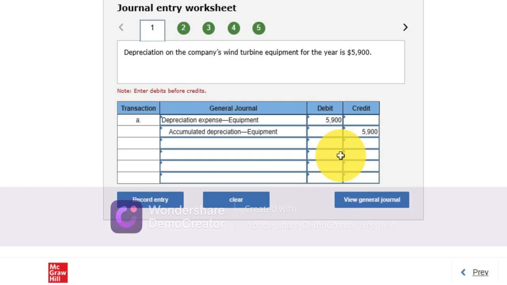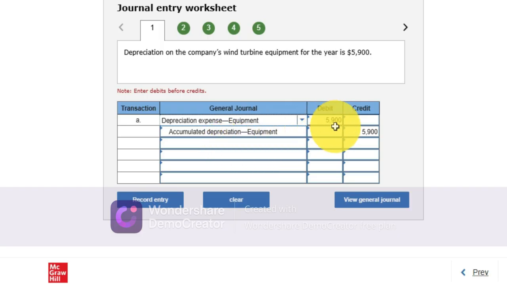Here the scenario is that equipment has depreciation of 5,900 for the year. The type of adjustment that we need to talk about here is called depreciation. On the general journal, we are going to look for depreciation expenses and accumulated depreciation.